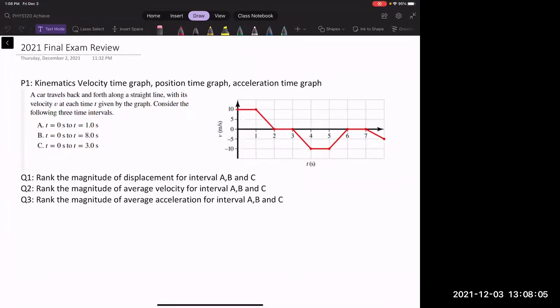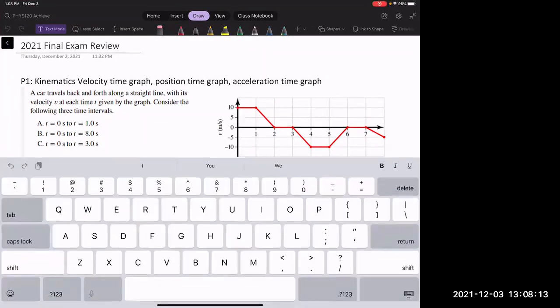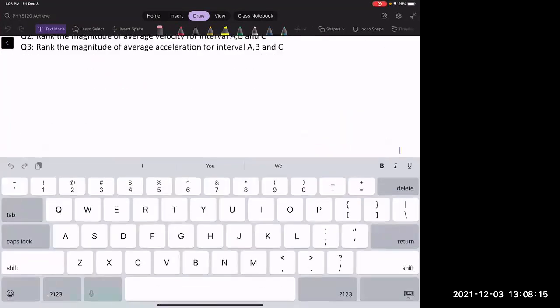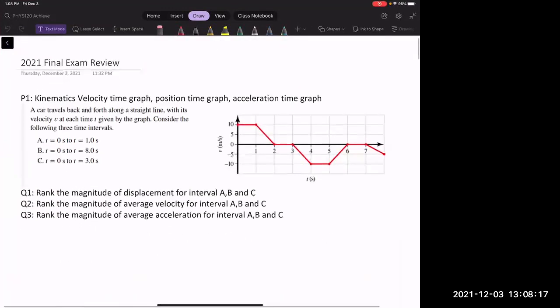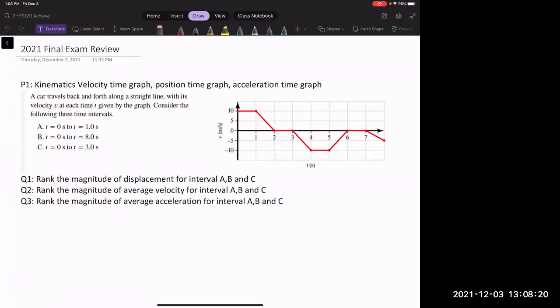Okay, so the final exam has 6 calculation problems. One of them is the extra credit from your previous exam. I just picked a few questions and will go through them. The first one you see here is a kinematic problem.